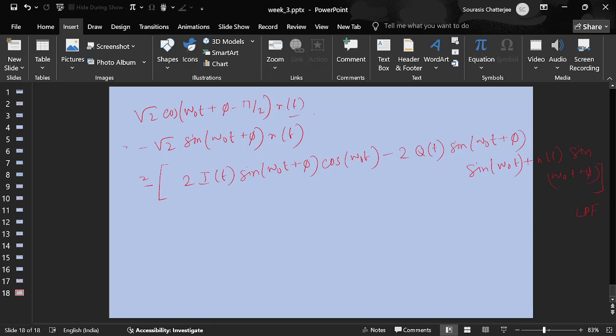Passing the entire thing through the LPF, from this one I am getting 2 i(t) sin phi.